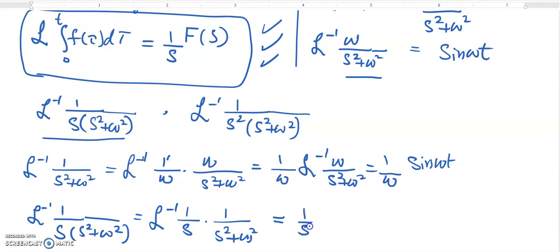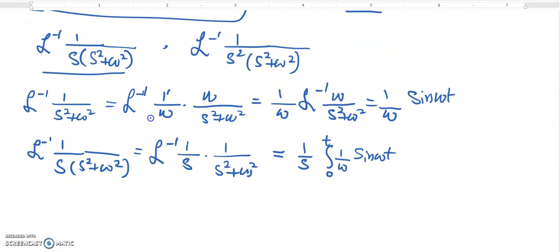It is equal to the integral from 0 to t of 1 over omega sine omega t, okay, in this case in terms of tau, and then d tau. So we can simplify: because 1 over s is already there, this will be simply the integral of this.